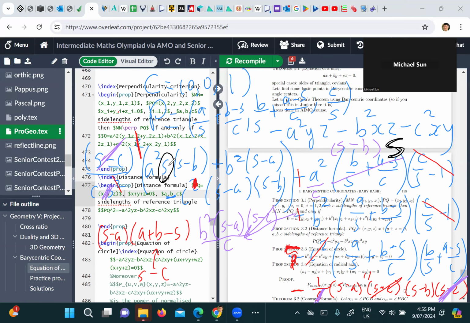We'll have an extra S here. And then this thing seems to be right, and this thing seems to be right as well. We basically got everything except we seem to be missing an S here. What's happened?